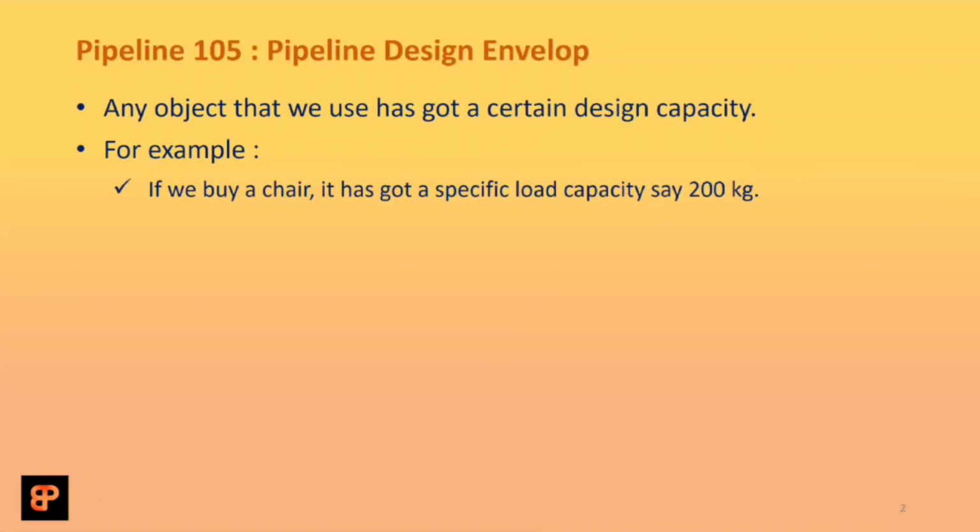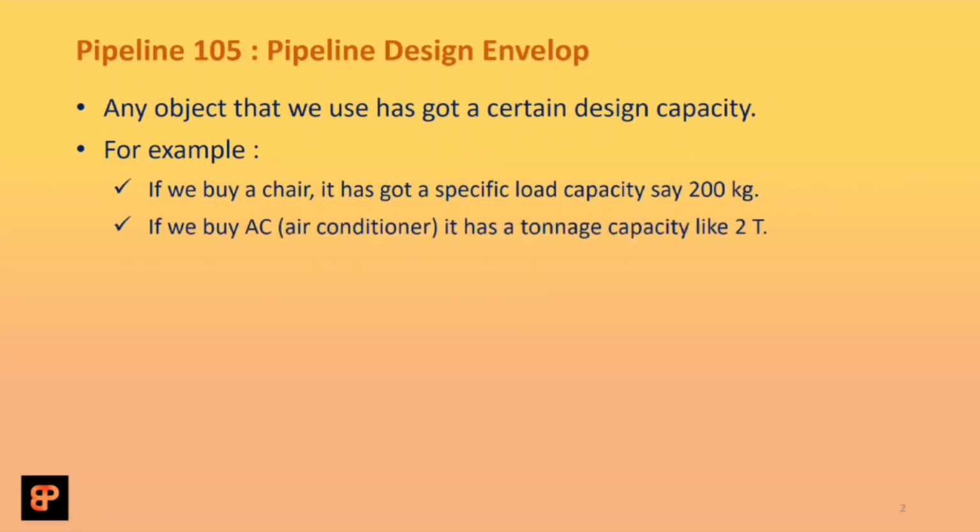When we buy a chair, somewhere in some corner below the seat, the loading capacity of the chair is written. It is suitable for carrying the weight up to 200 kg. You see also in the lift that this lift is suitable for carrying 6 persons or maximum 1000 kg. So the chair also has got specific loading capacity.